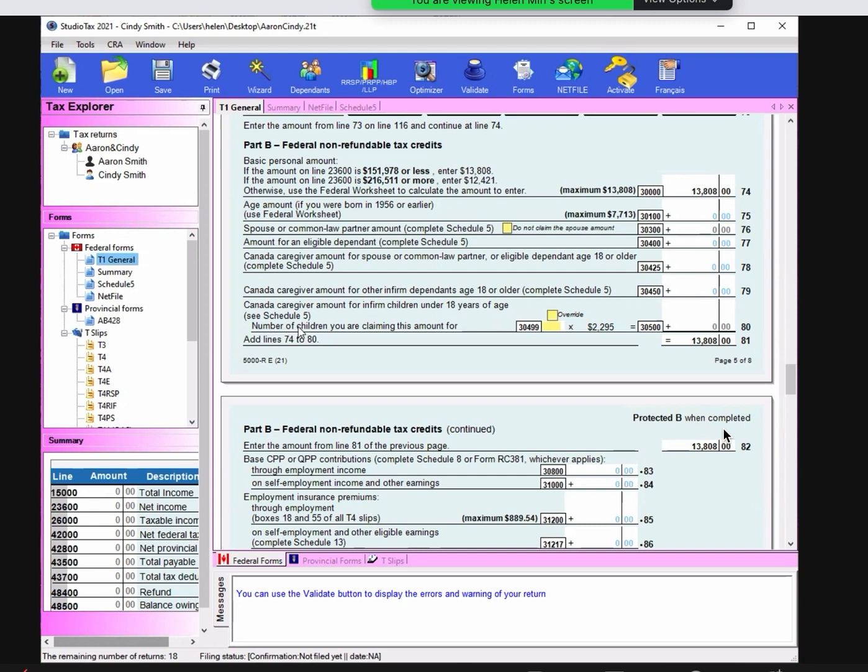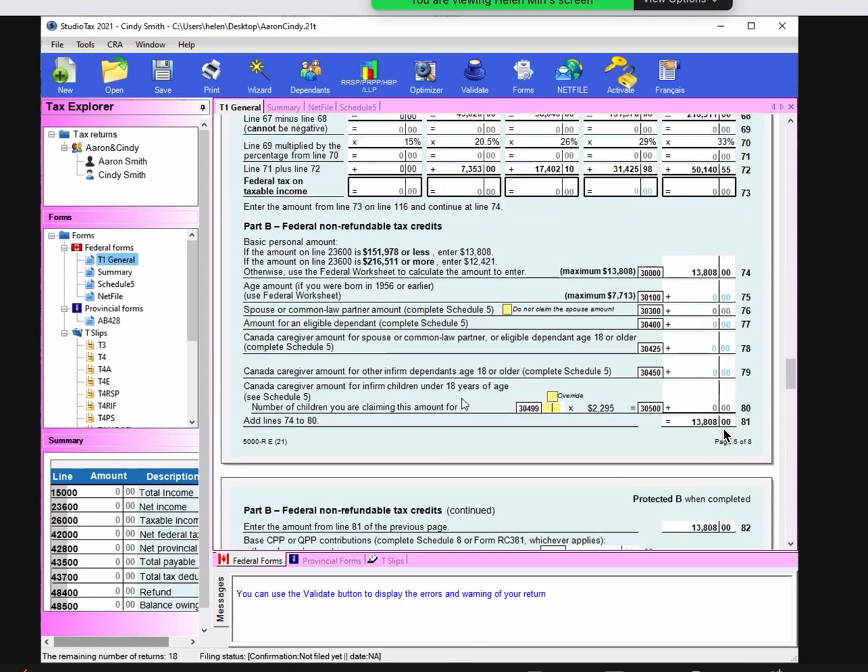You just put the number of children you claim, and they give you 2,000-something for each child. So if you put 2, then it's 2 times 2,000-something. That's what I wanted to clarify.